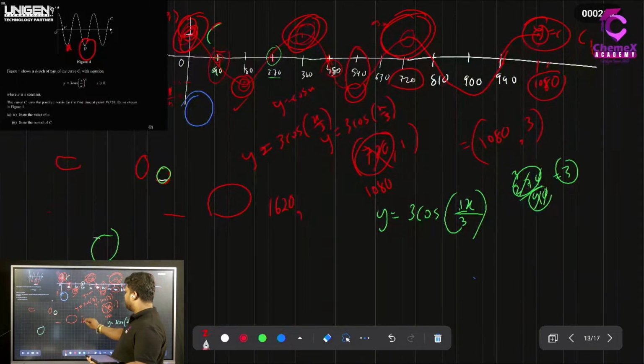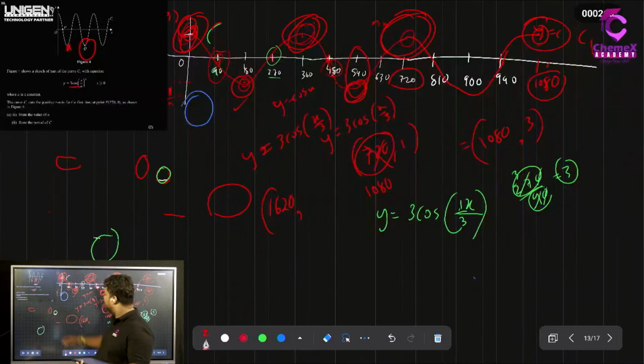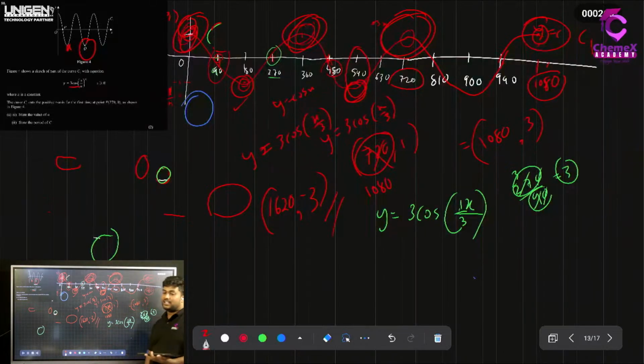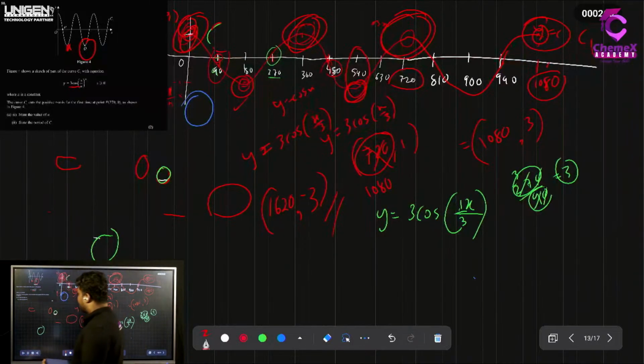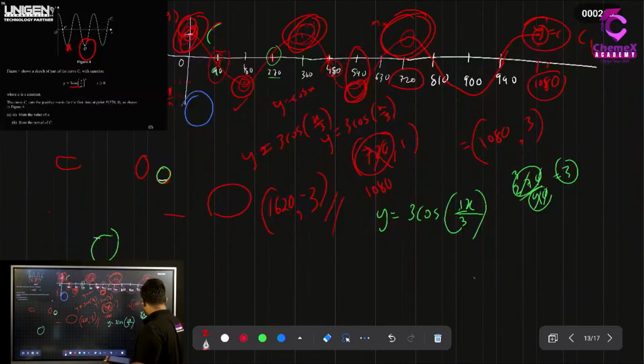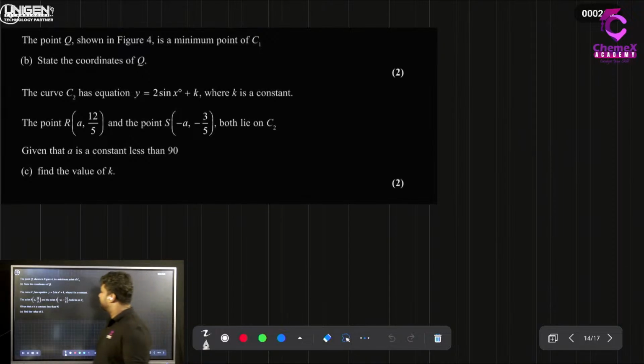Come on, what does y become? Here y is -1, and with 3 cos it becomes -3. You understand how to get those coordinates? Understood, sir. Okay. Indush, why silent?